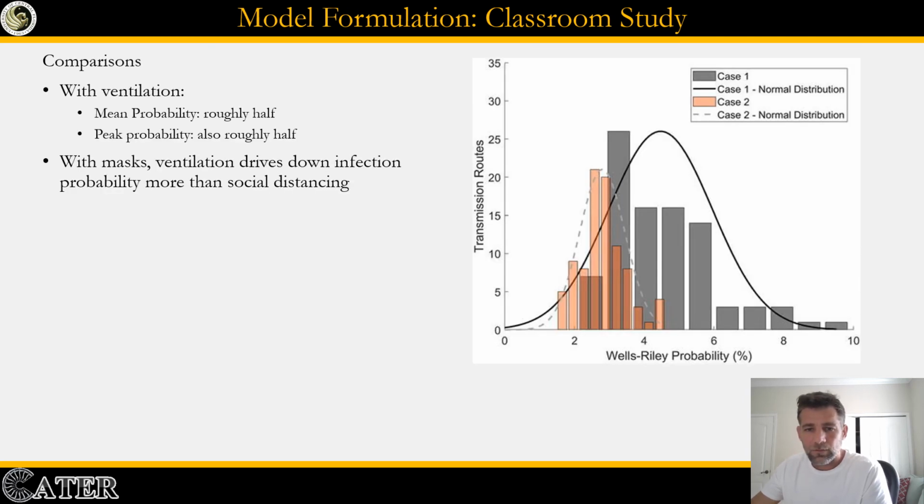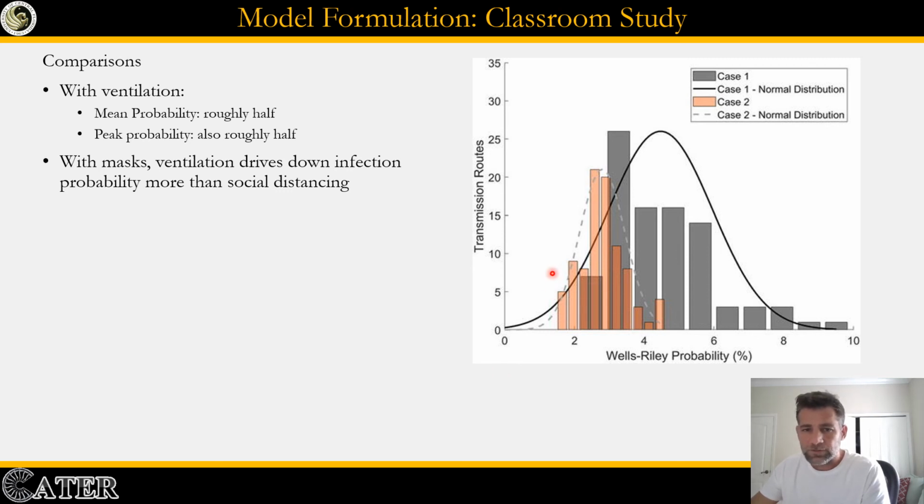Okay, now let's take one more stab at this and look at what we saw with respect to the statistics of the different transmission routes. So here we have a number of transmission routes. Remember, we have about 90 total versus Wells-Riley probability. So the more to the left you are, the better.